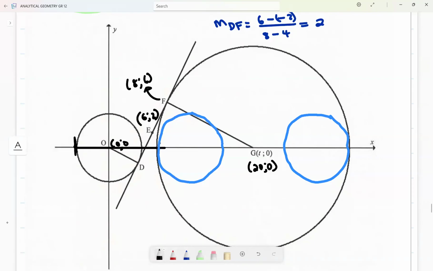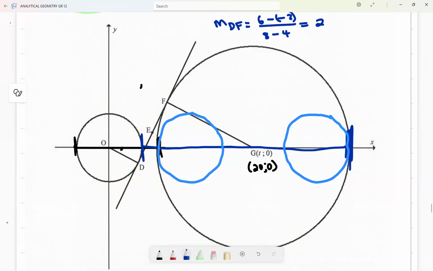Also, by how much should I take this point from here to that point? That's clear, guys, right? So we'll need to find that one.